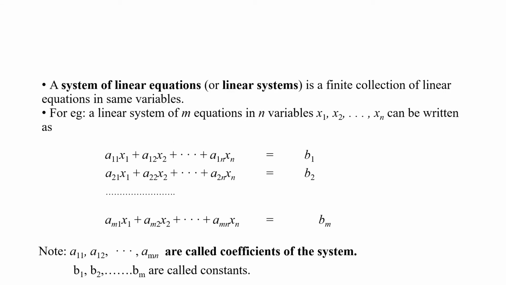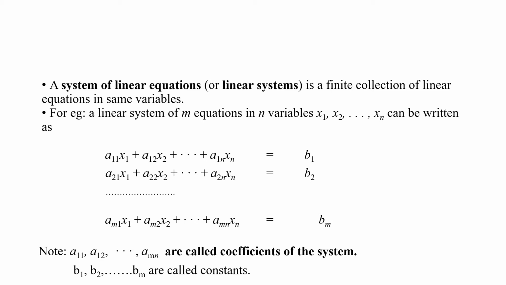A collection of linear equations is called a system of linear equations. A short term that can be used for referring to a system of linear equations is linear system. It is a finite collection of linear equations in the same variables. Here you can see a sample linear system of equations.